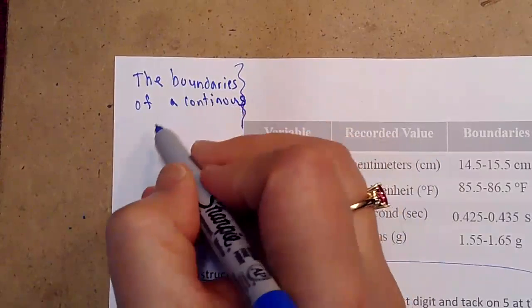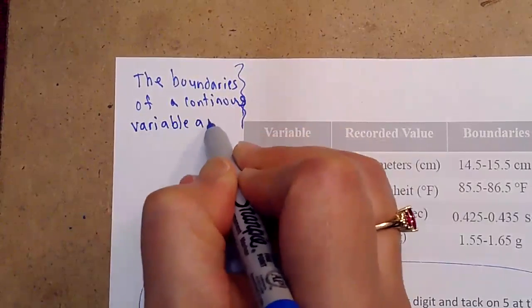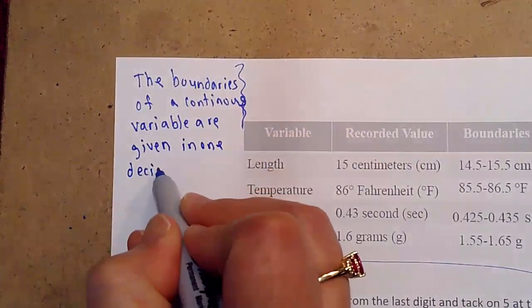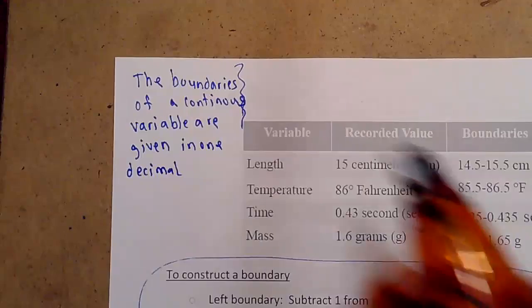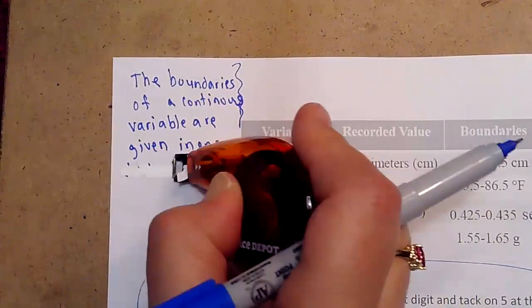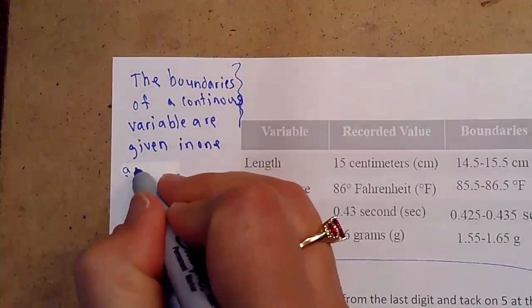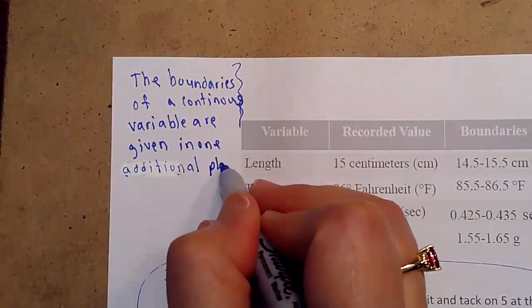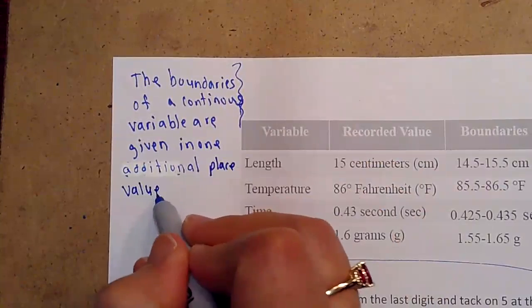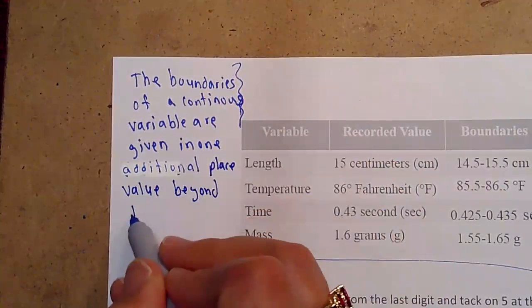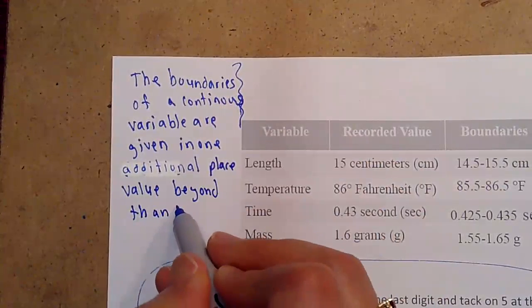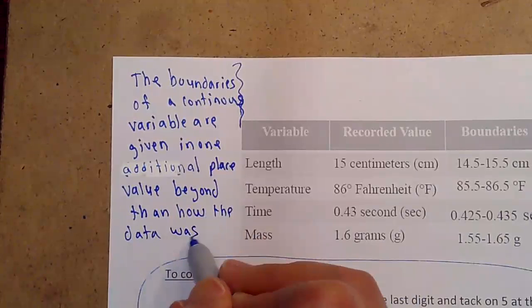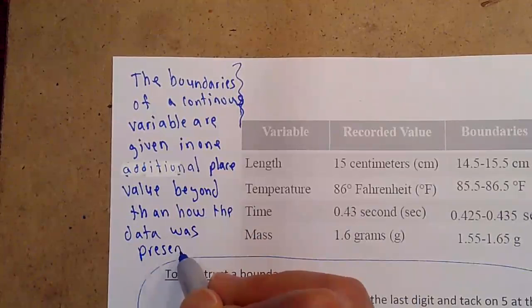The boundaries of a continuous variable are given in one additional place value beyond how the data was presented.